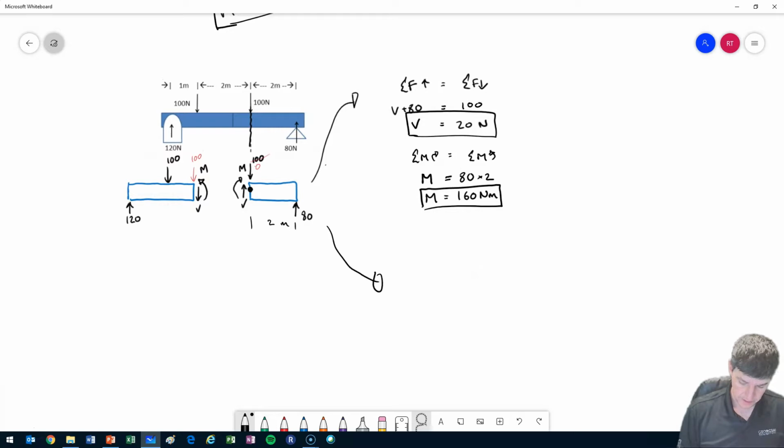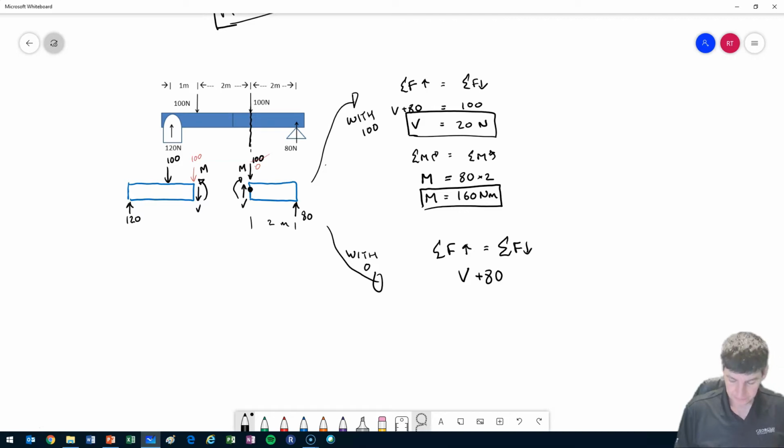So in this case, with 0 as the force, and with the 100 at the interface, same thing, sum of forces up has to equal my sum of forces down. I have V again up, and I also have an 80 up, and it is equal to, well, I had 100 pushing down before, but it's not there anymore, so that's just 0, and V is equal to negative 80 newtons.